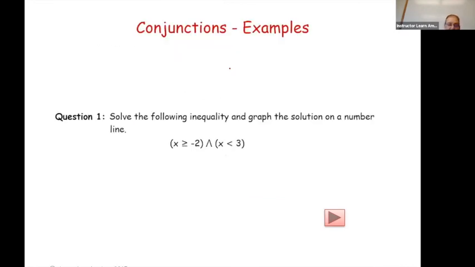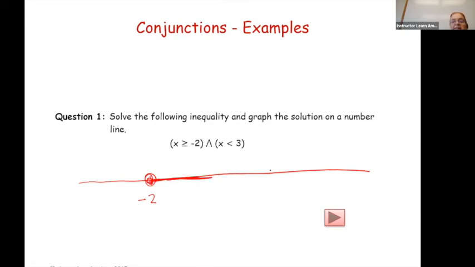But moving along to conjunctions, we want to solve the conjunction, x is greater than or equal to -2 and x is less than 3. If x is greater than or equal to -2, it's going to include the -2 and it's going to move to the right.